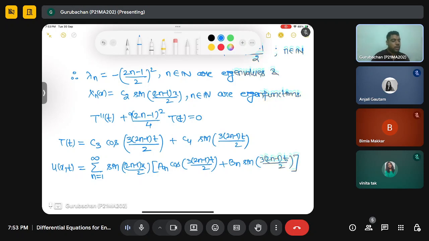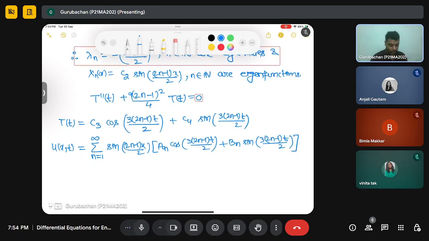Now we just need to find these constant values, and for that we will use our initial conditions. What is our initial condition? The first one is u(x,0) is 0.